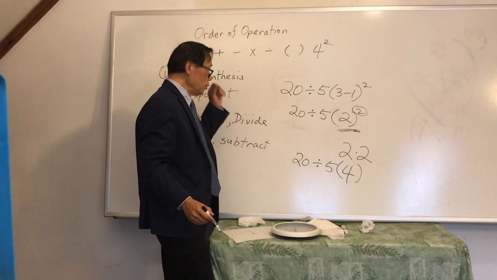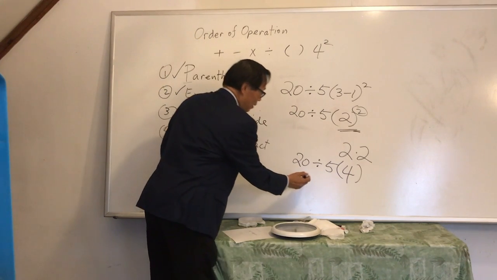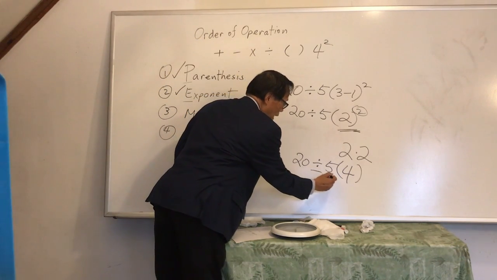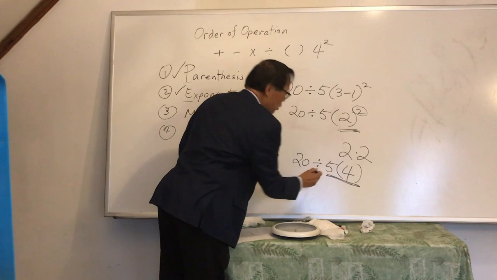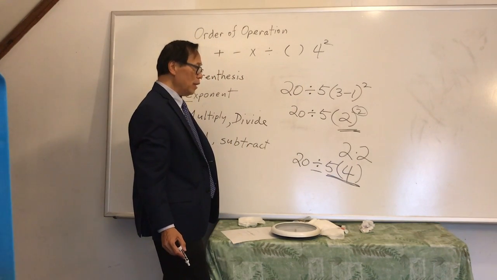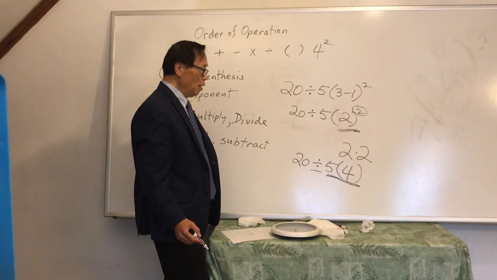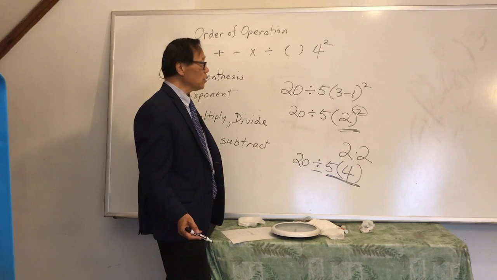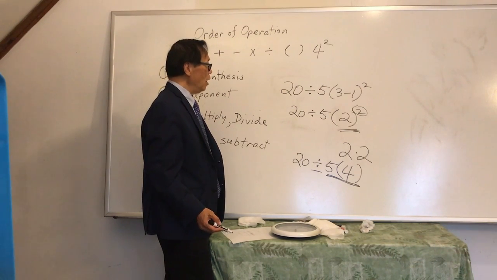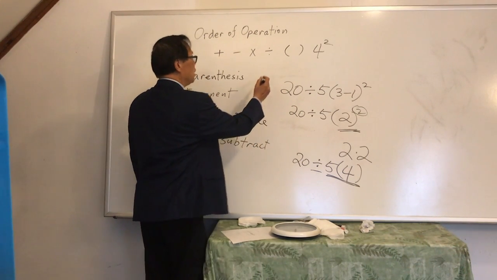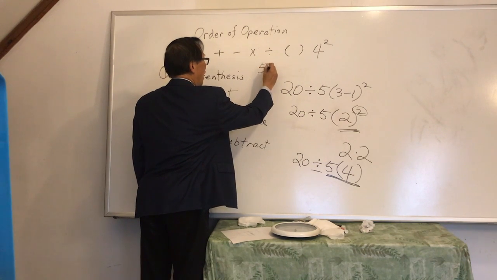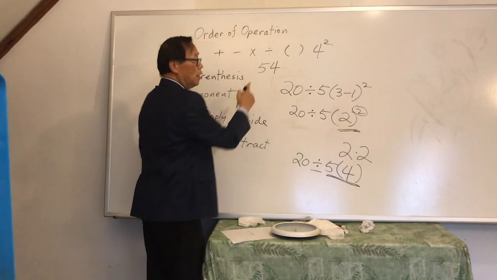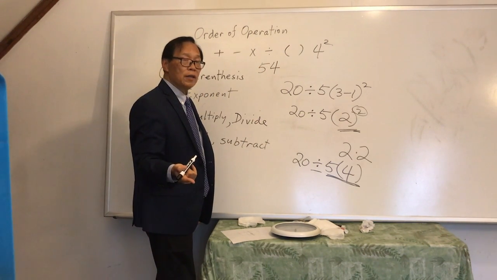Now at this point, you remember that when you have a parentheses and a number next to it, that indicates multiplication. Let me just remind you, if you have a 5 and a 4 next to each other, that's 54.